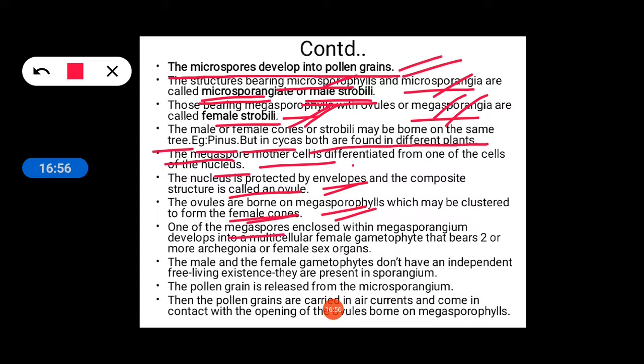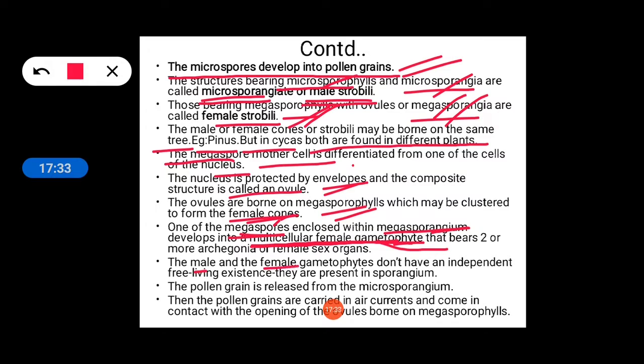The megaspores which are enclosed in the megasporangium develop into a multicellular female gametophyte, and this gametophyte possesses two or more archegonia, the female sex organs.